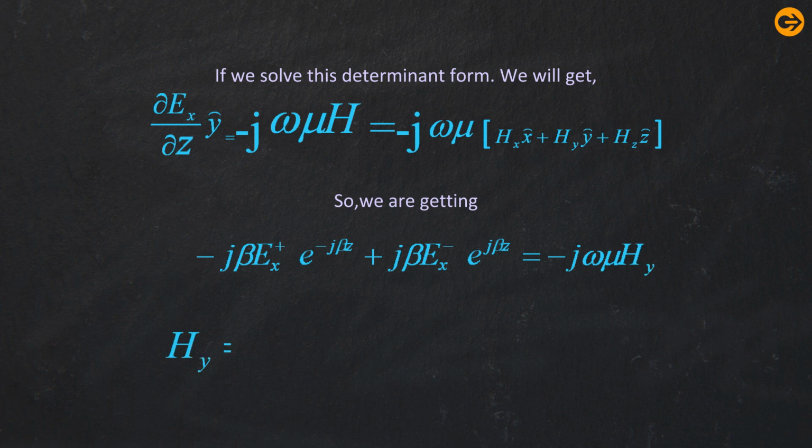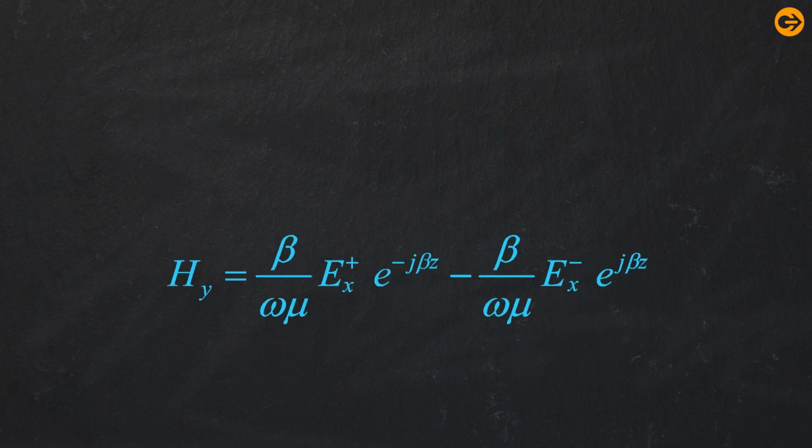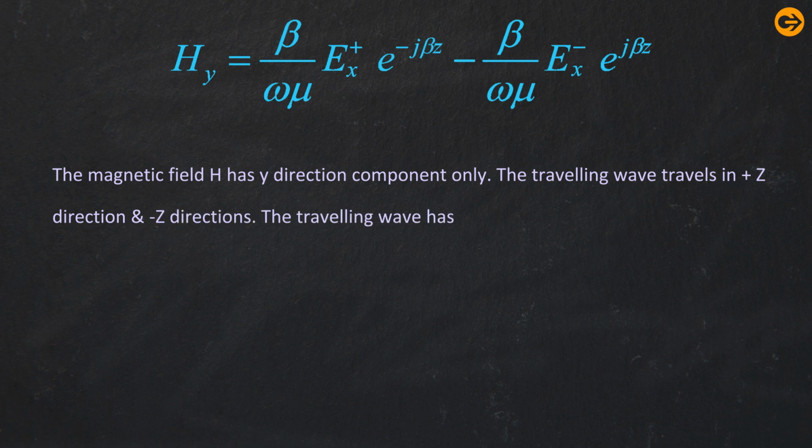Hy is equal to beta by omega mu Ex plus e to the power minus j beta z minus beta by omega mu Ex minus e to the power j beta z. The magnetic field H has a y direction component only. The travelling wave travels in plus z direction and minus z direction. The travelling wave has the amplitudes beta by omega mu E plus and beta by omega mu E minus.